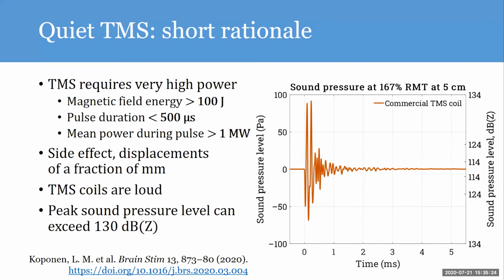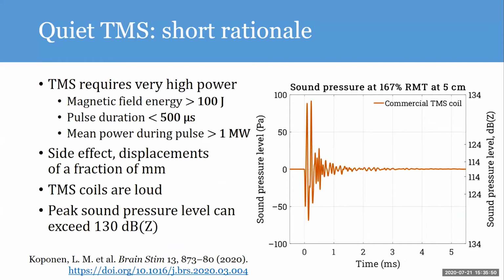And the other part, Victor mentioned, coils are loud, and they are loud to the extent where they do destroy themselves in high field MRI devices if they are not designed for that. A side effect of putting more than 100 joules in less than 100 microseconds. The total pulse is 500 microseconds, involving power times putting the energy in, taking it out.